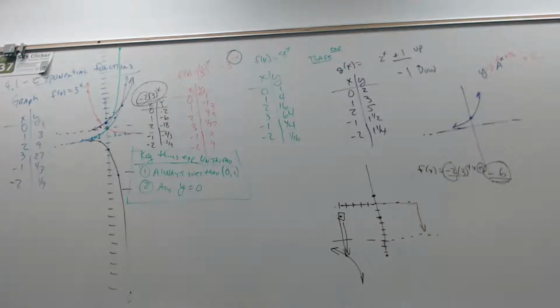Can we do another problem that shows the effect the E value will have on the graph? Oh, that's section 4.2. Yes, we will. We're just playing with regular whole numbers before we start throwing E's at you. I'm just talking about the number in front of the exponent x.